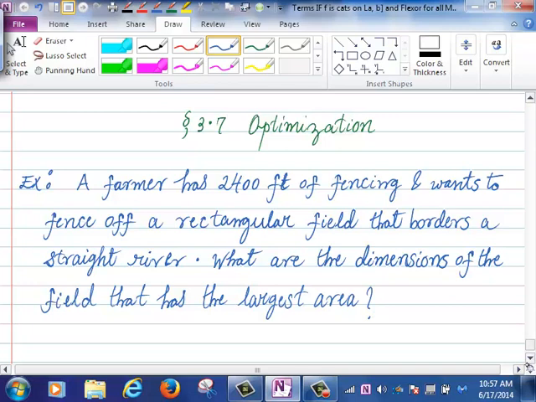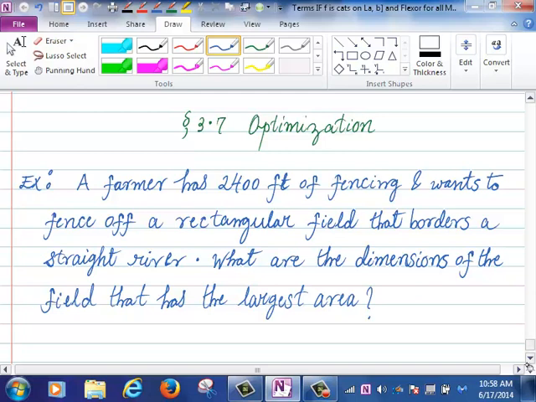You have a farmer. The farmer has 2,400 feet of fencing. So that's his restriction on resources. That's the limited resources that he has, and he wants to fence off a rectangular field by the river. On the side of the river, he doesn't need any fencing.